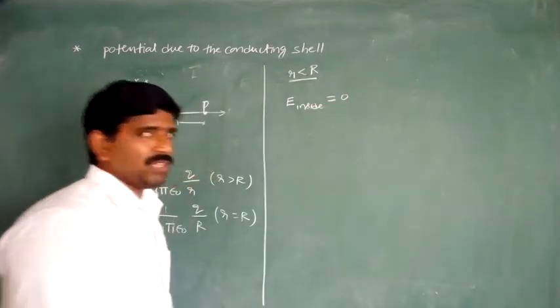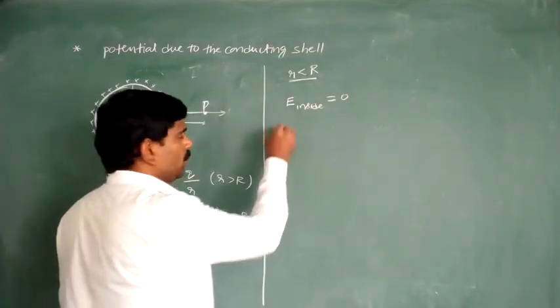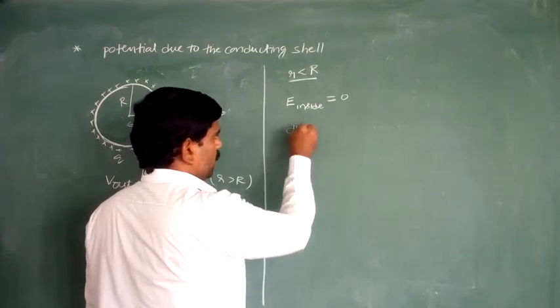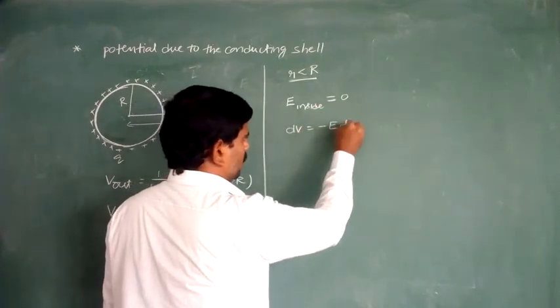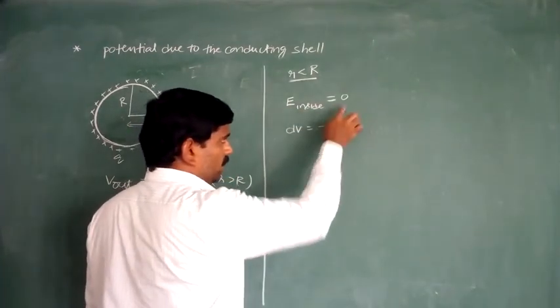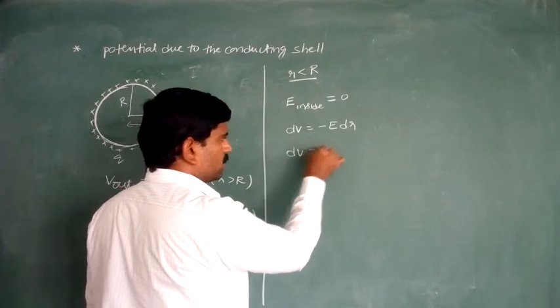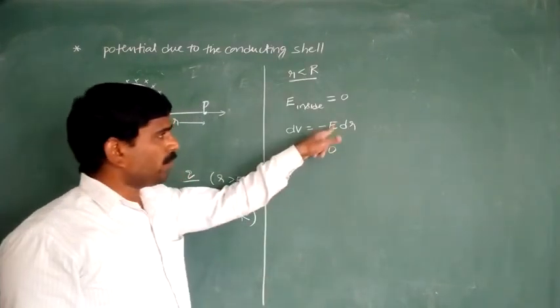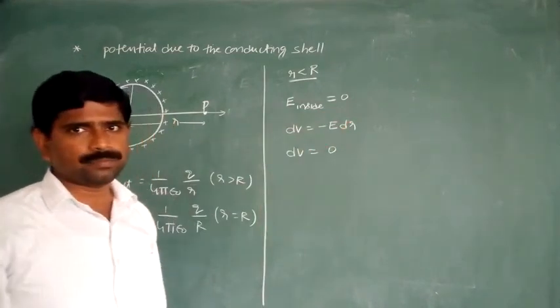So dV is equal to minus E into dr. Here E is equal to 0, which means dV is also equal to 0, because E is equal to 0.